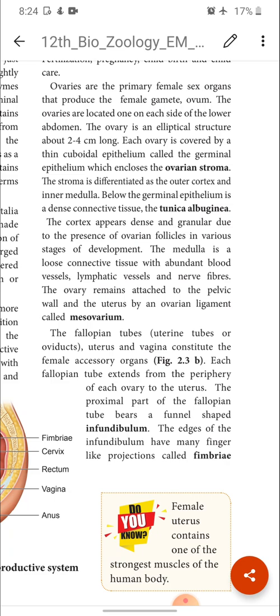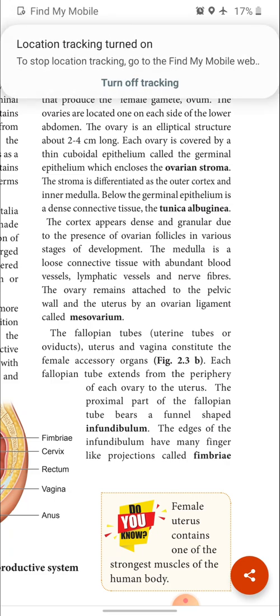Each fallopian tube extends from the periphery of each ovary to the uterus. Okay, where is the fallopian tube located, or where does it extend from and to? It extends from the periphery of the ovary to the uterus of the female reproductive system. And the proximal part of the fallopian tube bears a funnel shaped infundibulum.